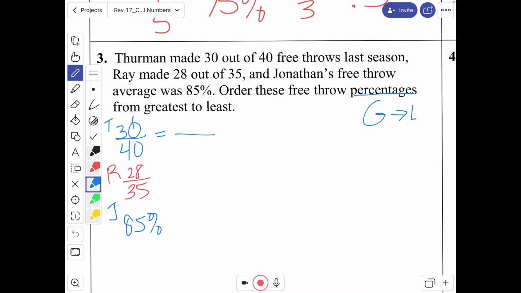Let's try simplifying. If we simplify by 10, that would be like taking off a 0 on top and bottom. That makes 3/4. And 3/4 is 0.75, which is 75%.